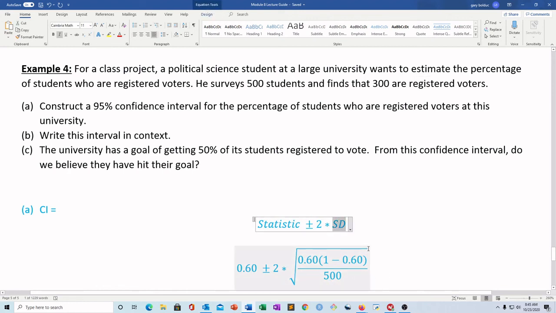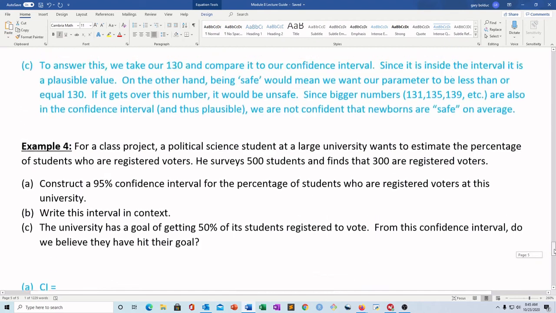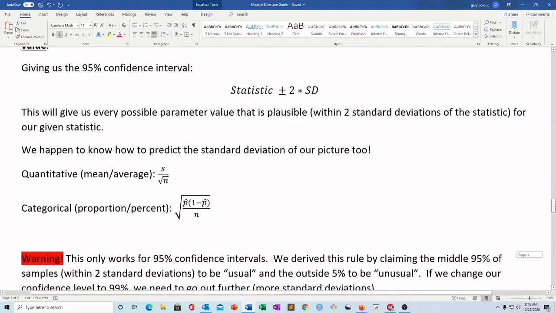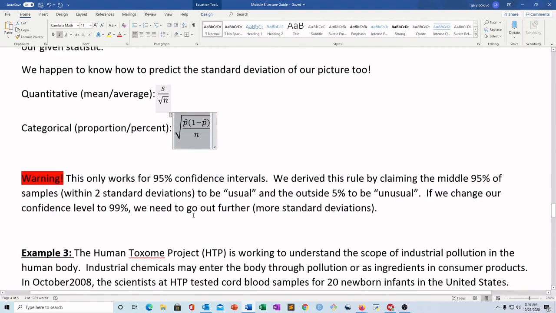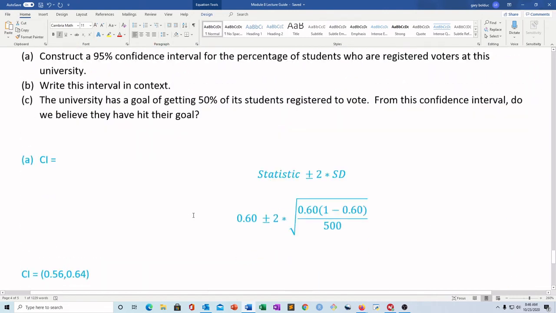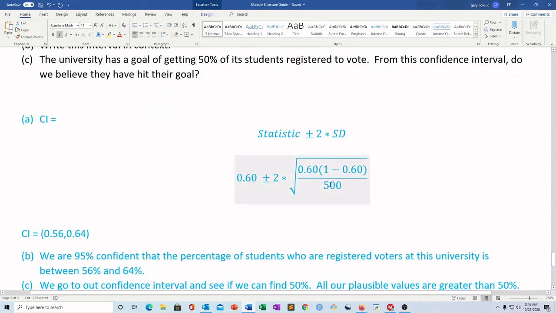What's the standard deviation in this case? Well, we've got to go back up and scroll. Are we quantitative or categorical? Well, we were interested in the proportion, the percentage, so that tells me categorical. So this is the formula. I'm going to grab this formula, scroll back down, and that's what goes right here.